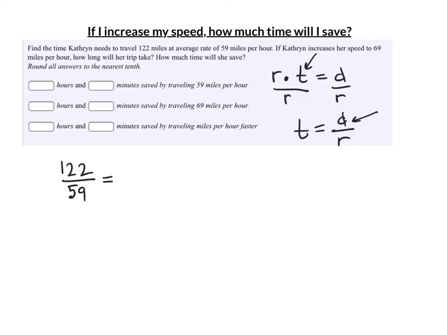And we're going to get this decimal. 122 divided by 59 is 2.0677961 and onward. Now, this 2 is 2 hours, and this decimal is a fraction of an hour.